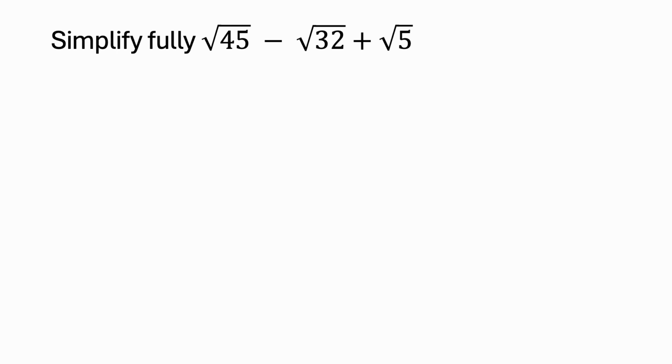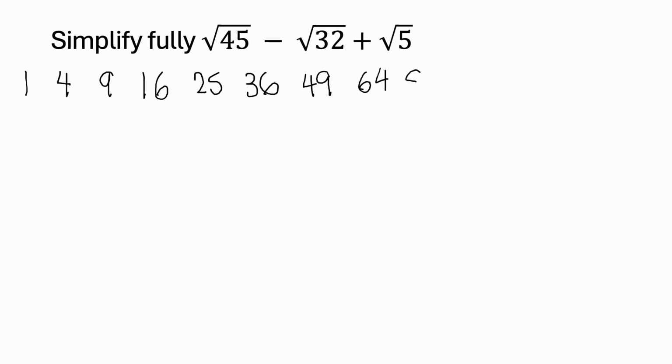So let's go from 1 to 10. 1 squared is 1, 2 squared is 4, 3 squared is 9, 4 squared is 16, 5 squared is 25, 6 squared is 36, 7 squared is 49, 8 squared is 64, 9 squared is 81, and 10 squared is 100. Okay. And then you have 121, which is 11 squared, and 144, which is 12 squared.